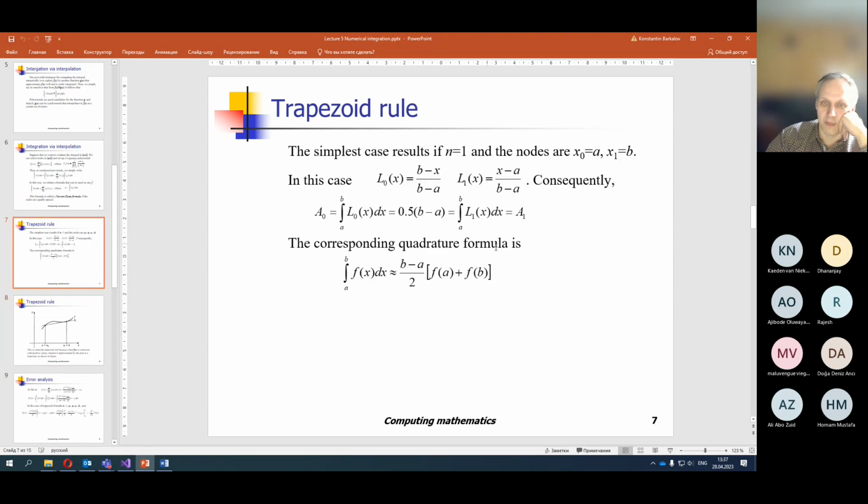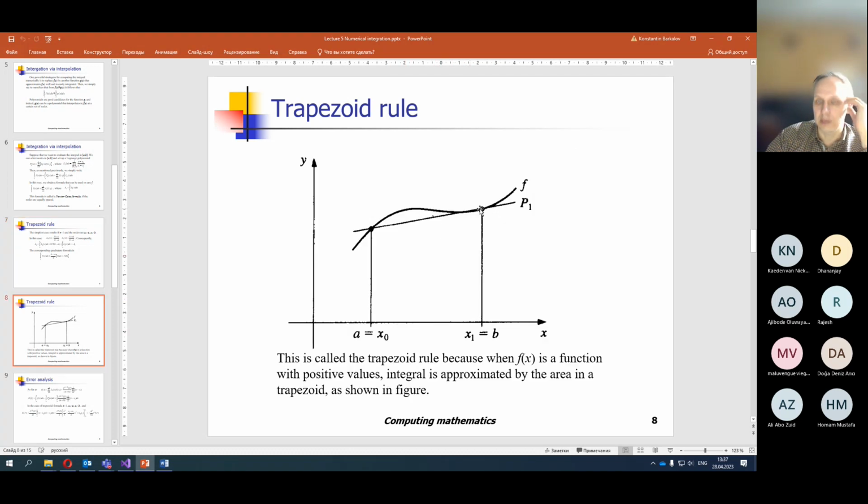This formula corresponds to the area of a trapezoid. But this value corresponds to only one interval from x0 to x1.